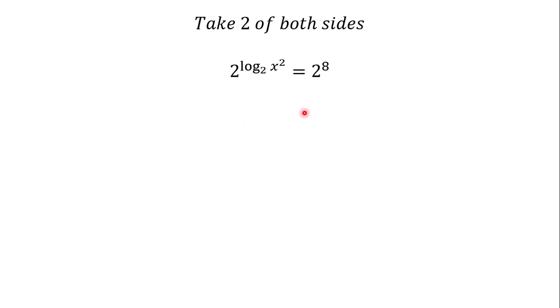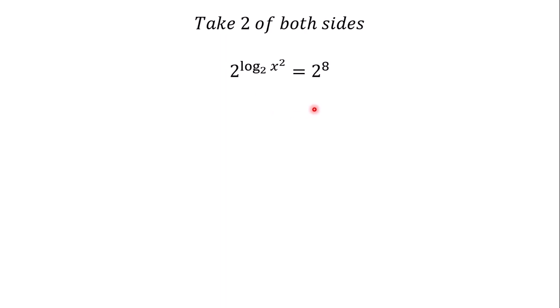Now when you take 2 of both sides, this is what we are going to get: 2 raised to the power log x squared base 2 is equal to 2 raised to the power 8. Taking 2 of both sides simply means you write the 2 and whatever was on the left hand side initially as an exponent.